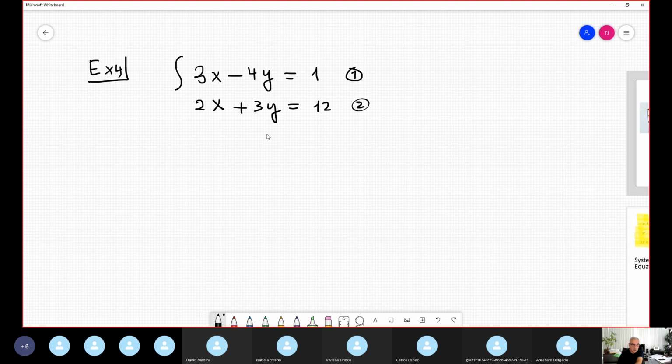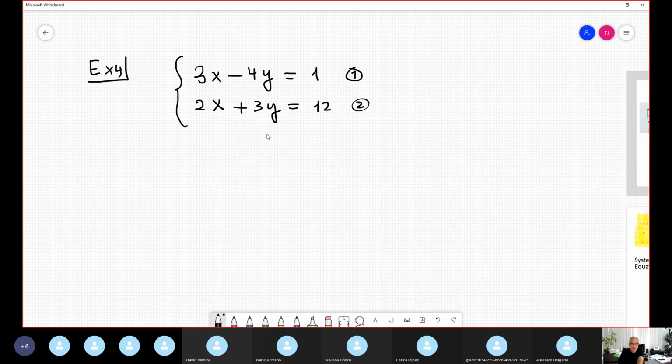So this system is given, I need to solve it. In this case, I see that every coefficient in front of a variable is not 1 or -1. So I mentally discard the possibility of substitution. You can, but it's hard. So elimination is fantastic.